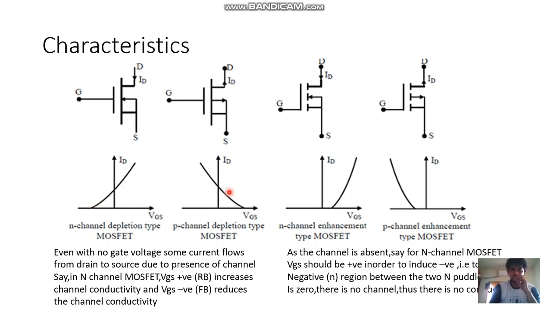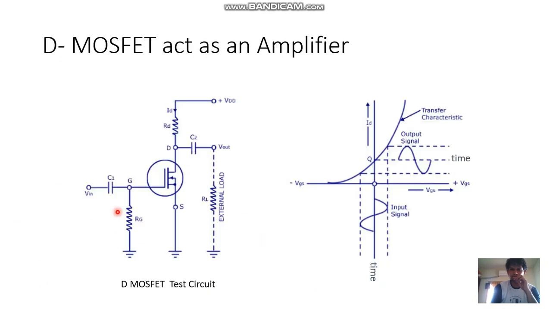First, we will see how the MOSFET acts as an amplifier in the case of the D MOSFET, that is a depletion type MOSFET. See here, this is the D MOSFET.